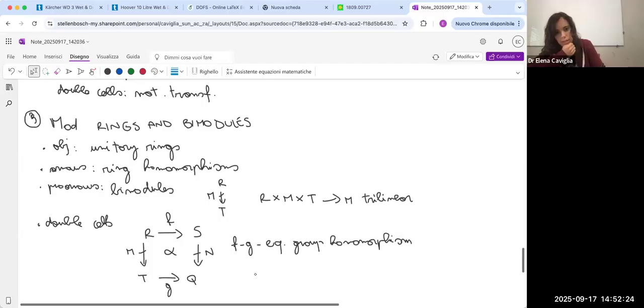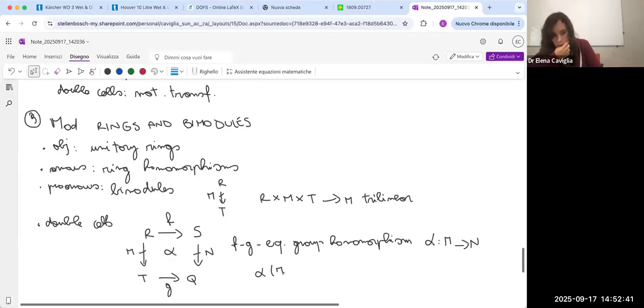So this means that alpha from M into N is just a group homomorphism that satisfies this condition.